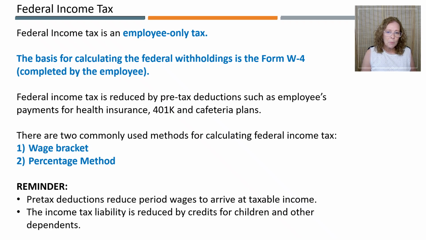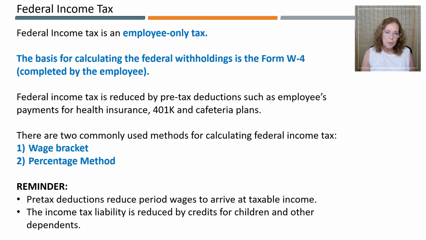Many companies use software programs or an external service to calculate the federal income tax withholdings for their employees' paychecks. However, if a company uses a manual system, there are two commonly used methods for calculating federal income tax. One, the wage bracket method, and two, the percentage method.